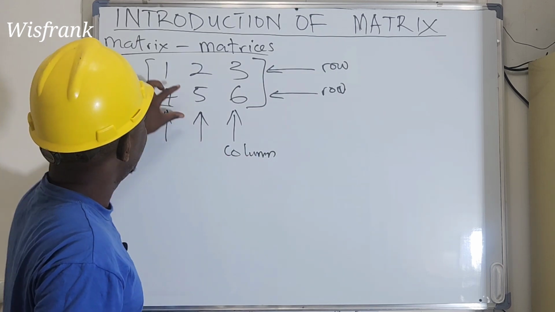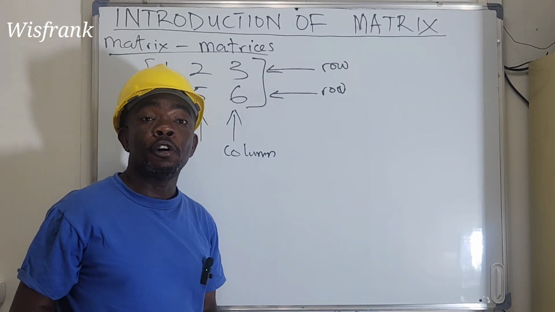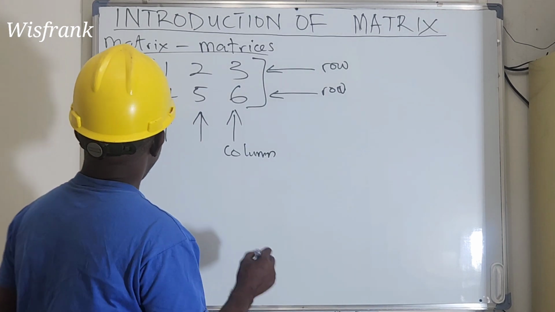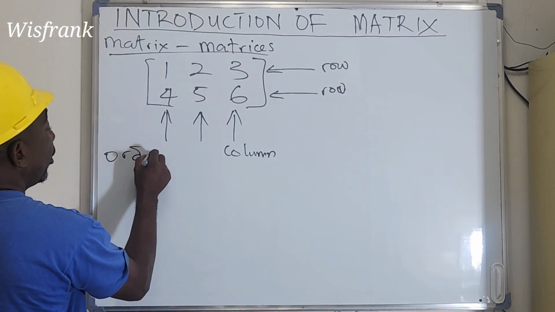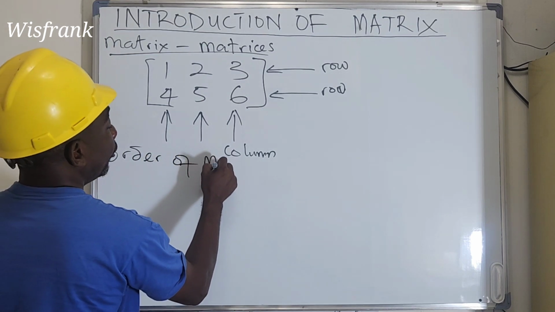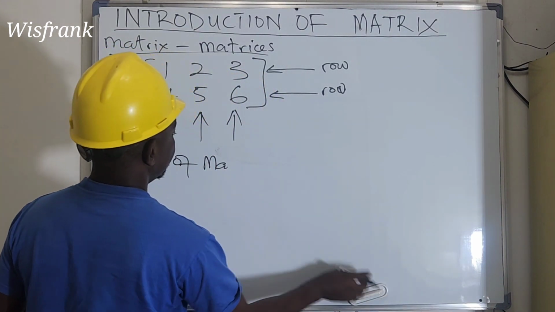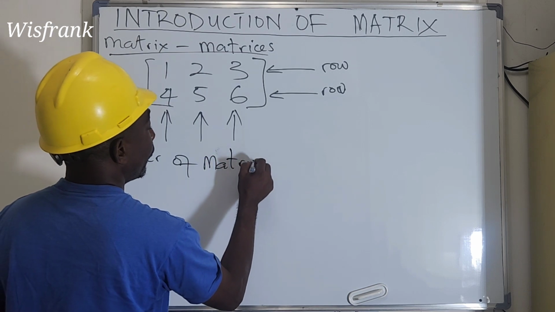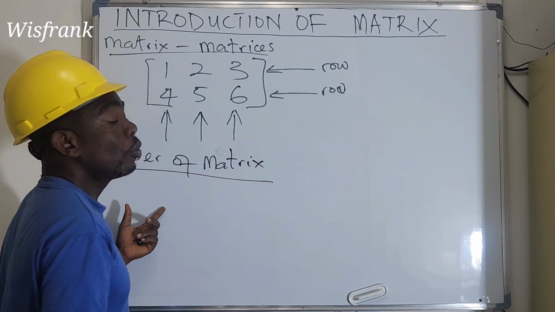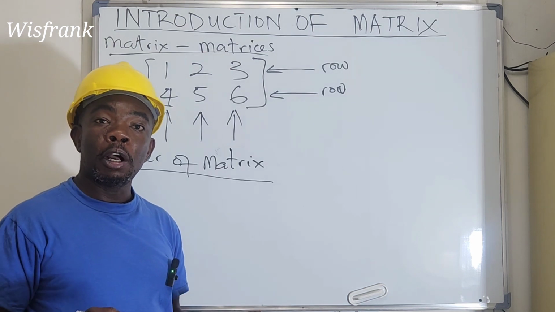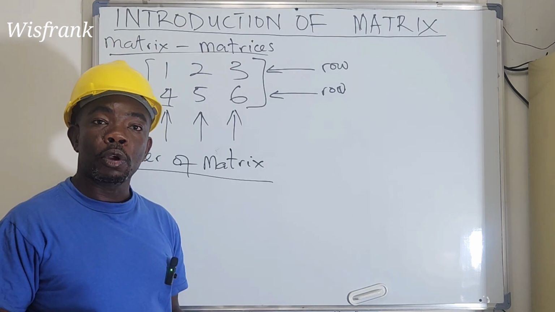So the next step is for us to see the order of a matrix. We look at the number of rows by the number of columns that make up what we call a matrix.